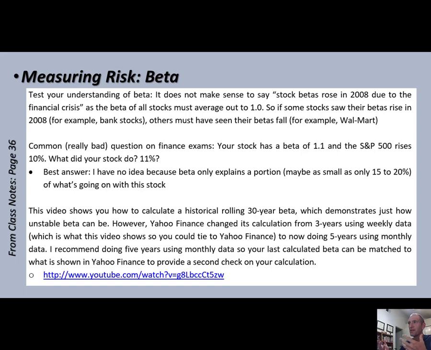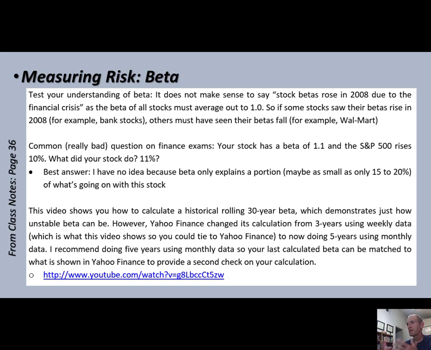So stock betas did not rise in 2008, because for every stock beta that rose, you had to have another one that fell. So Exxon's beta might have risen. Bank of America's beta may have risen in 2008. It was a financial crisis. Energy prices were a big part of that crisis, so energy companies became more sensitive to the economy.